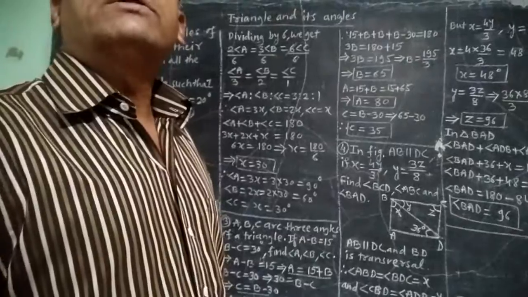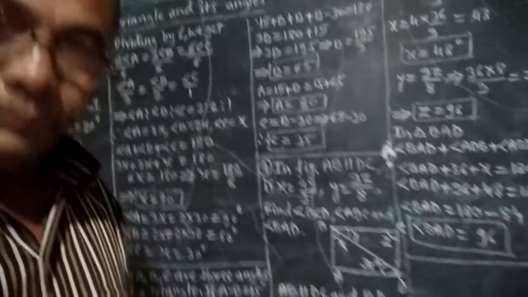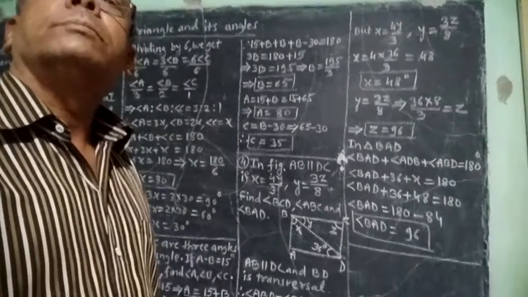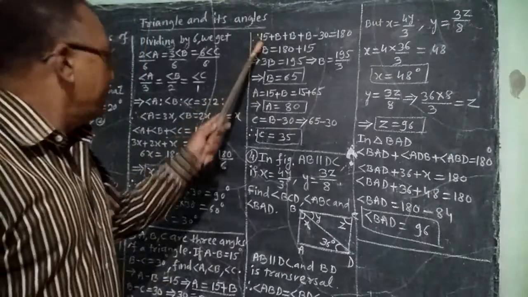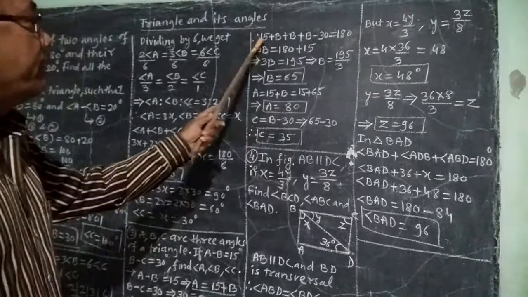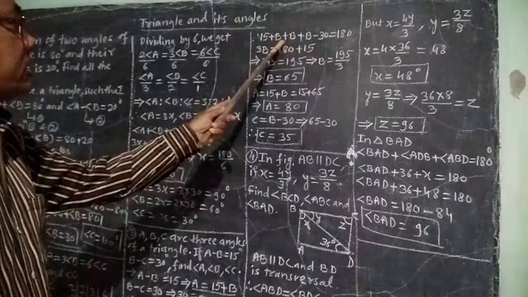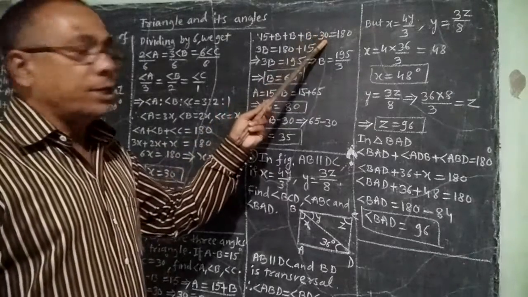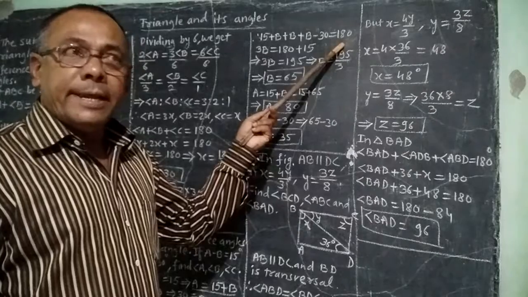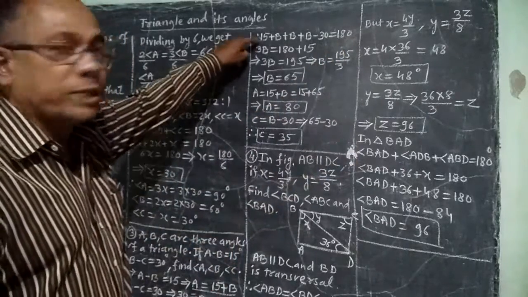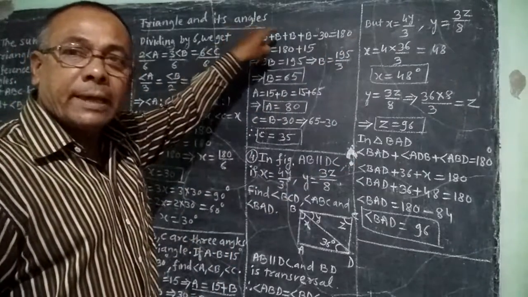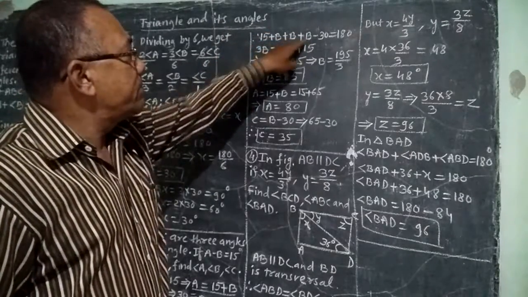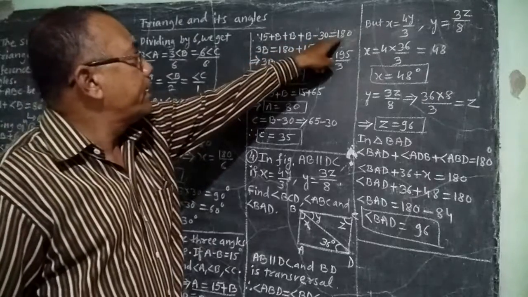And now here we can write (15 plus B), that is angle A is 15 plus B, plus B as it is, and angle C is B minus 30, that is equal to 180. Means we have substituted here the values of angle A, angle B and angle C.